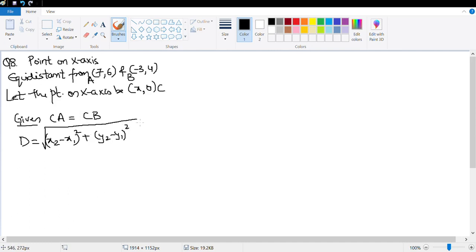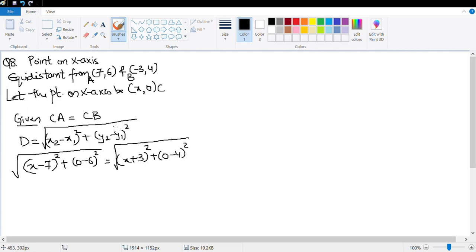So let's square it. CA will be (x minus 7) whole square plus (0 minus 6) whole square, and CB will be (x minus negative 3, that's x plus 3) whole square plus (0 minus 4) whole square, the square root of it.